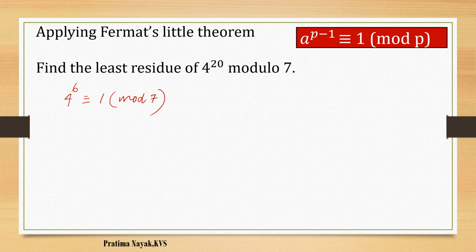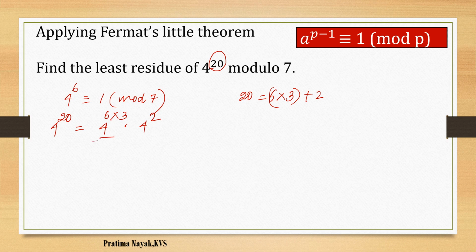Now coming to 20, we have to express it in terms of 6. So 20 can be written as 6 multiplied by 3 plus 2, that is 18 plus 2. So 4 to the power 20 can be written as 4 raised to the power 6, whole cubed, into 4 to the power 2.